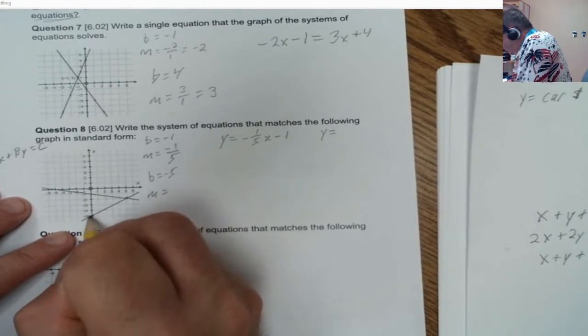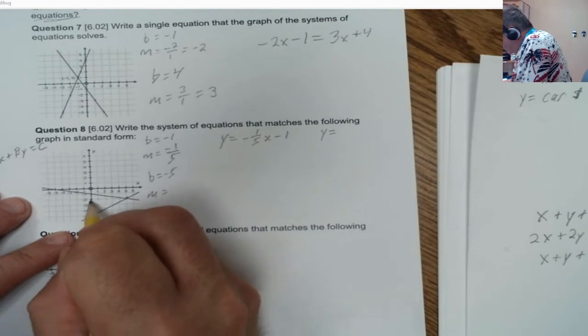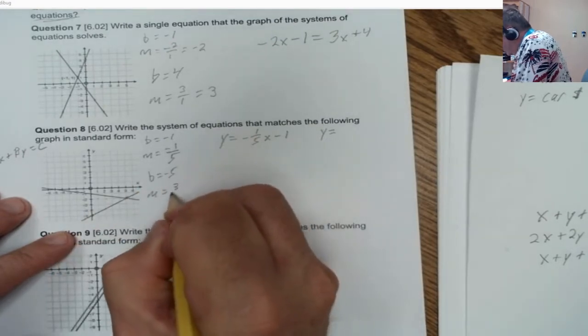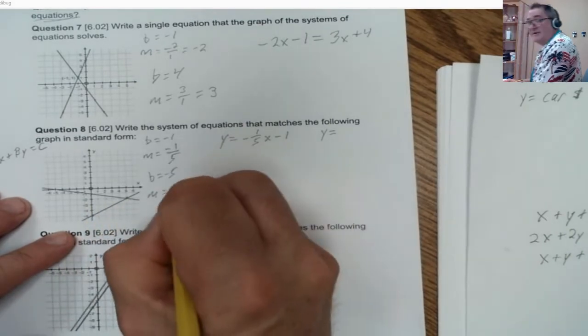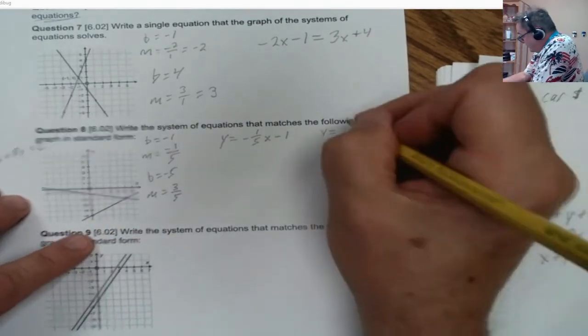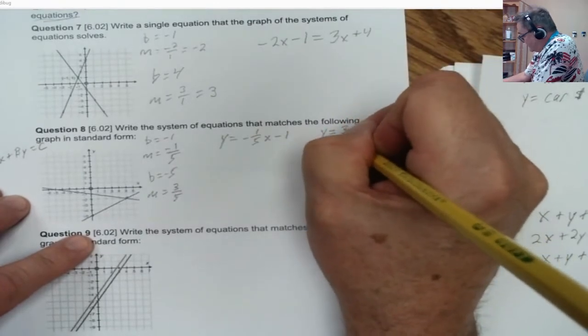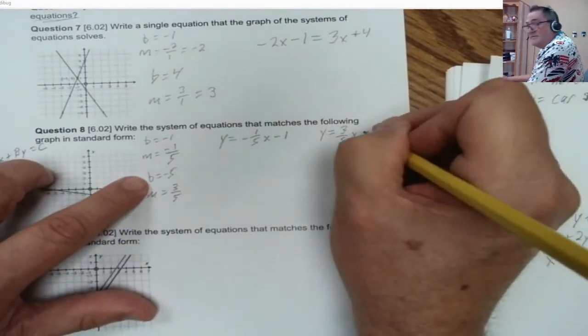So it goes a rise of 1, 2, 3. So the rise over the run, and the run goes 1, 2, 3, 4, 5. So this has a slope of 3/5. So this equation is y equals 3/5 x minus 5.